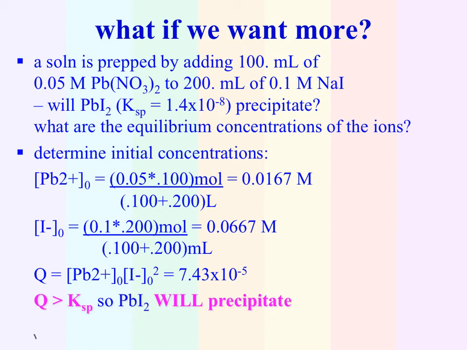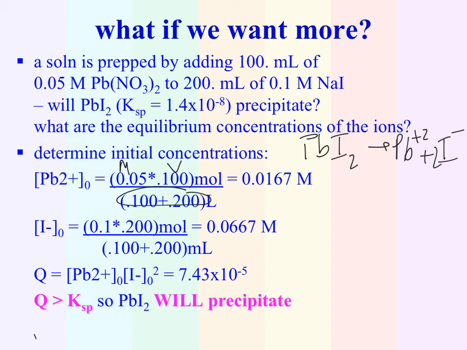First things first, we just proceed with the equilibrium processes that we're actually concerned about. All we really care about is how lead iodide is going to be behaving. So this is what we're looking at, right? We want to figure out our initial concentration values. Just like we did in the last example, we have the molarity of our lead solution and its volume.